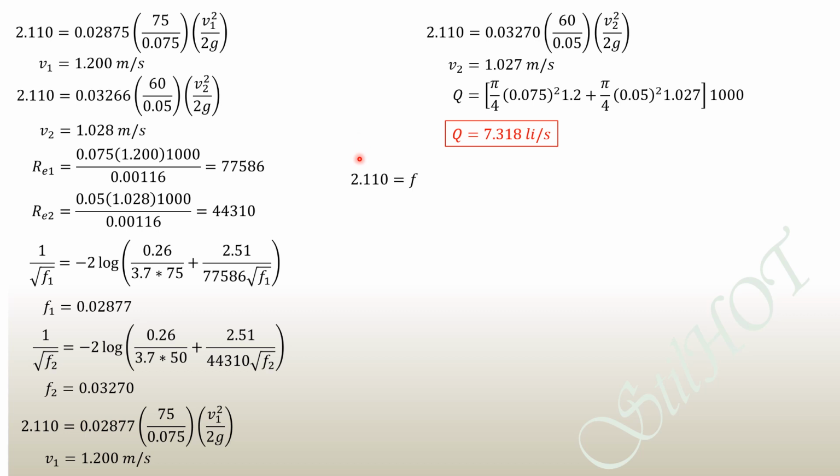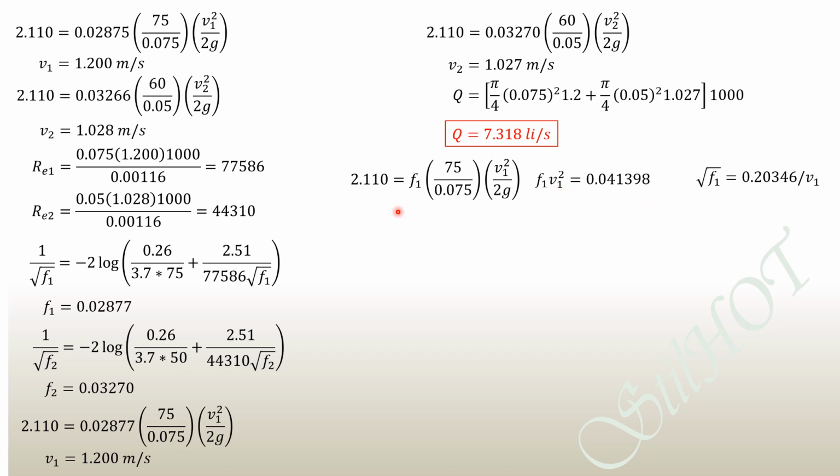From the Darcy-Weisbach formula, 2.110 equals F1 times length 75 over diameter 0.075 times the velocity head of pipe 1. So we can establish F1 V1 squared equal to 0.041398. Extracting the square root, square root of F1 is 0.20346 divided by V1.